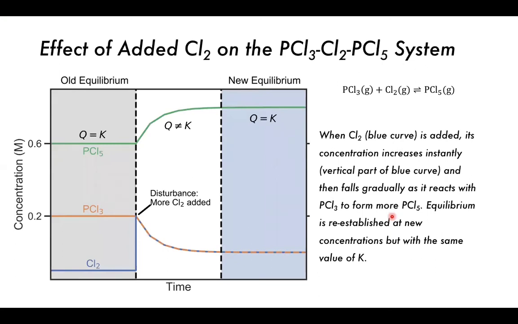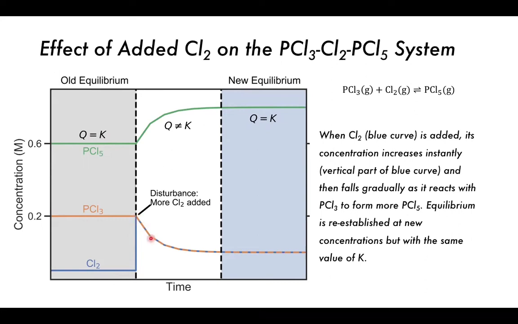So the effect of added Cl2 on the PCl3, Cl2, PCl5 system. So here's the balanced equation. We have the old equilibrium here in this gray box. We have the concentrations of each of the species, and we have Q equal to K because that's how it goes at equilibrium. Now, if we suddenly increase the concentration of Cl2, we have disturbed the equilibrium.